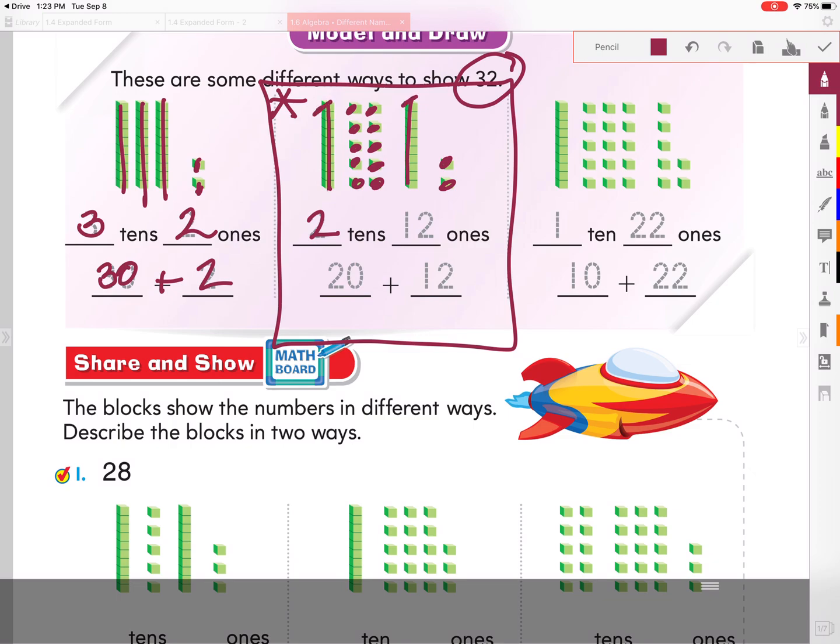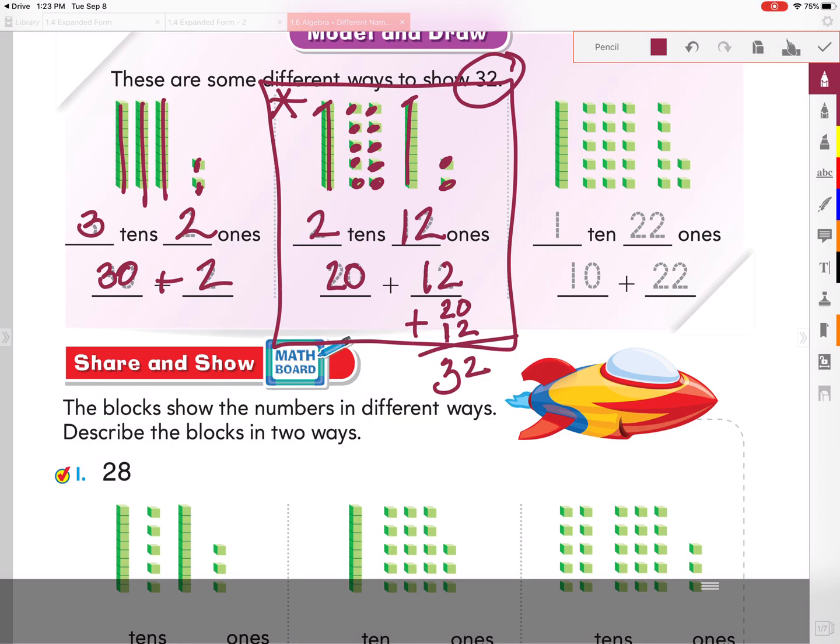And then your 12 singles, they just didn't trade up. We know that 20 plus 12 is going to equal 32. 0 plus 2 is 2, 2 plus 1 is 3. I checked myself.